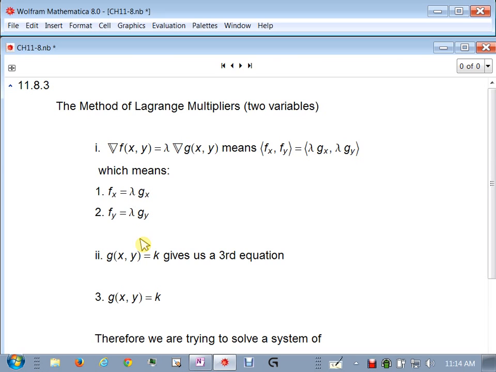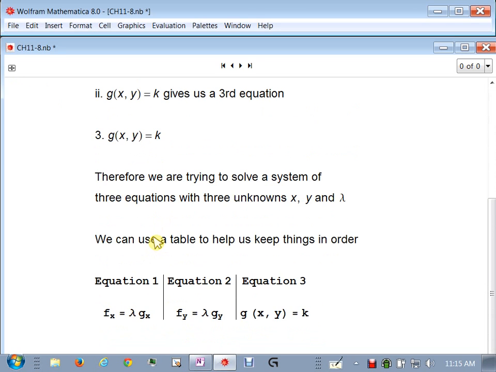My third equation comes from the constraint itself. The constraint equation was that the G function had to be equal to K. So with these three equations and three variables, I should be able to find a unique solution if it exists.